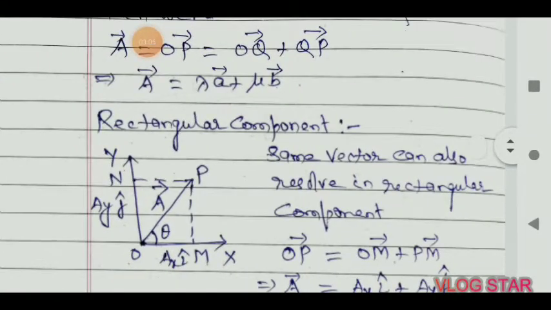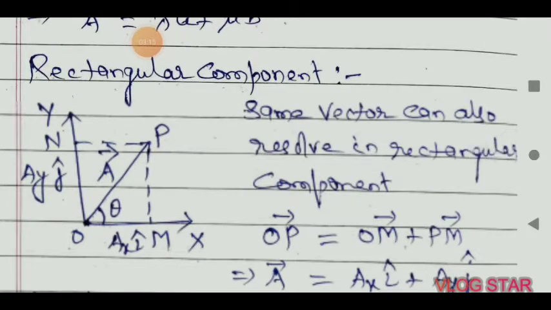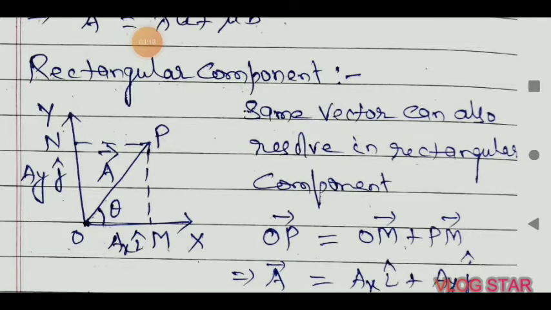Similarly, we can resolve vectors into perpendicular components. Suppose the same vector A is here. Now we want to resolve it along the x-axis and along the y-axis, so we will draw the perpendiculars. Suppose vector A is represented by OP in magnitude as well as in direction.